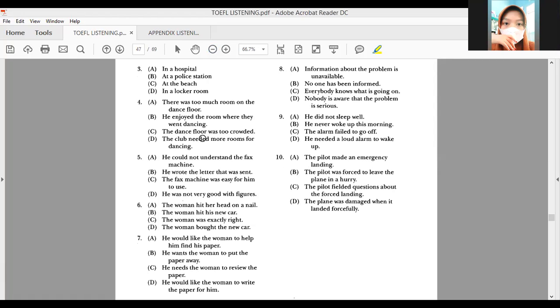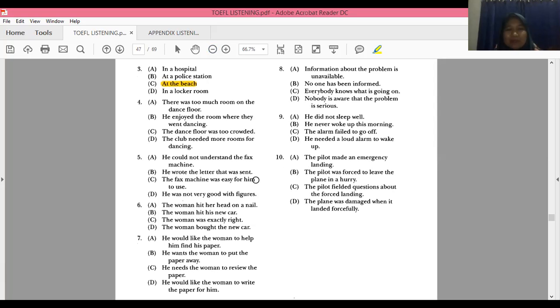Charlie, at the beach. What are the clues, Miss Hoirun? The keywords: why are you getting out of the water? The lifeguard motioned that we should move in that direction. Motion means giving a signal: we should go to that direction.